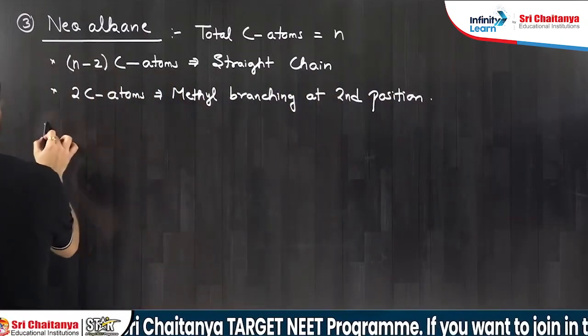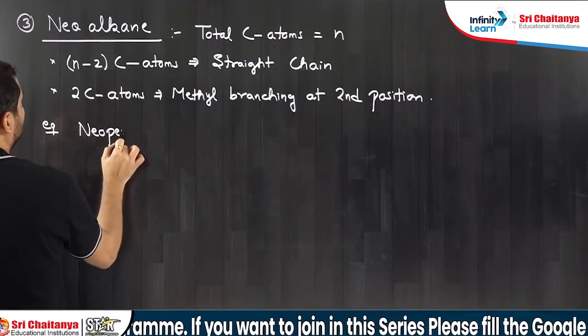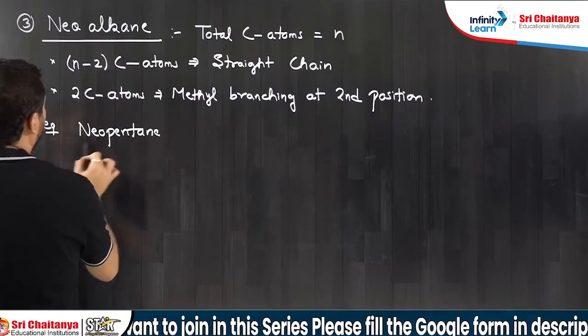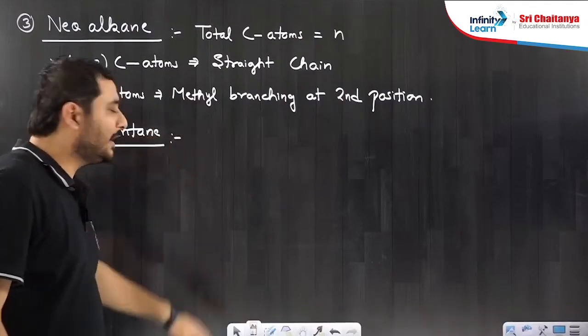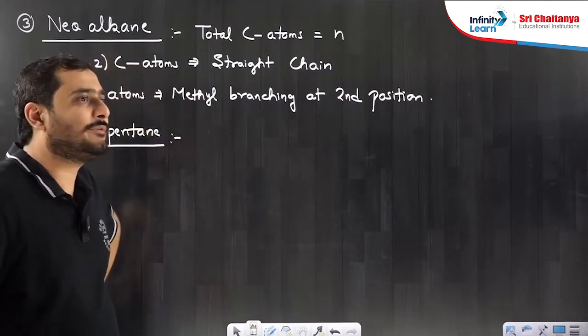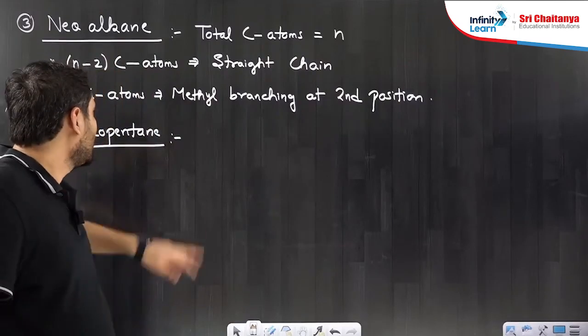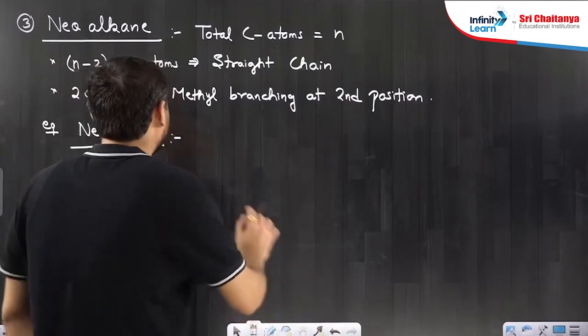Clear? So if we take an example, let us take neopentane. We have to draw the structure for neopentane. Now pentane means total how many carbon atoms? 5 carbon atoms. Now 5 are total, so 5 minus 2, how many are present in the straight chain? 3 carbon atoms.